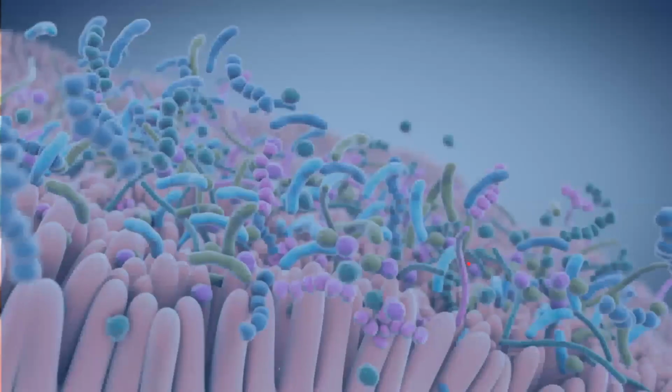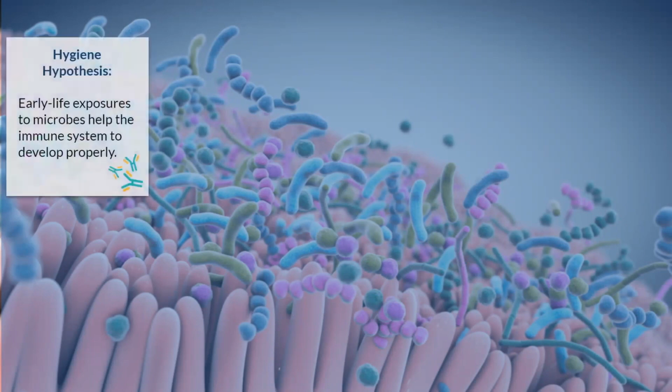So I'm going to go over some of the things that we've learned from modern microbiome research and a little bit about how we got there first. A lot of microbiome research is based on something called the hygiene hypothesis. This states that early life exposures to microbes help to train the development of our immune system as we develop.